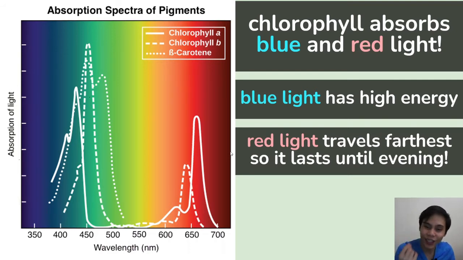That's why at sunset the color of the sky is usually near red, because red light travels the farthest, and so it lasts the longest throughout the day. So your chlorophyll is specialized to get the high energy light as well as the light that lasts until evening, your blue and your red light.